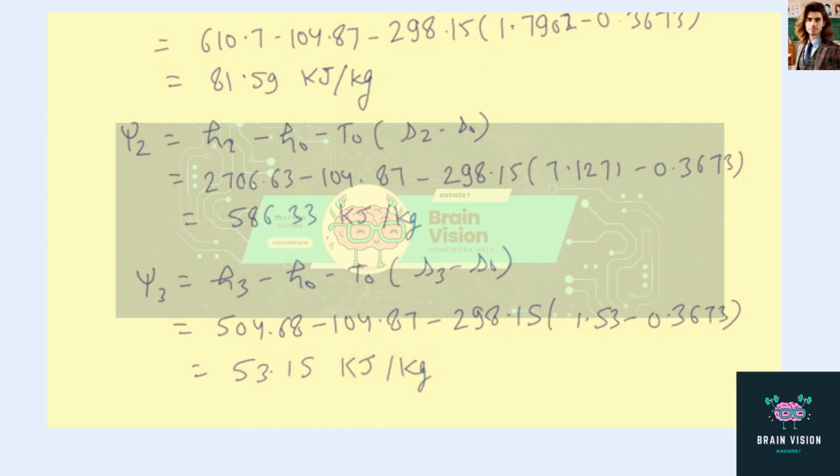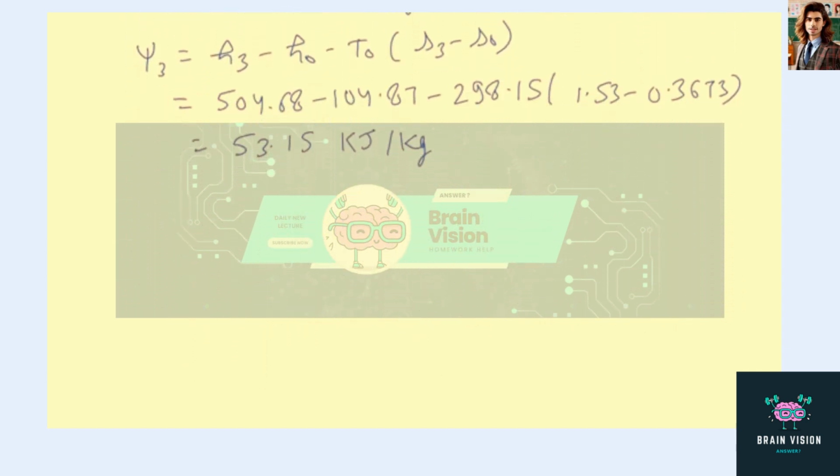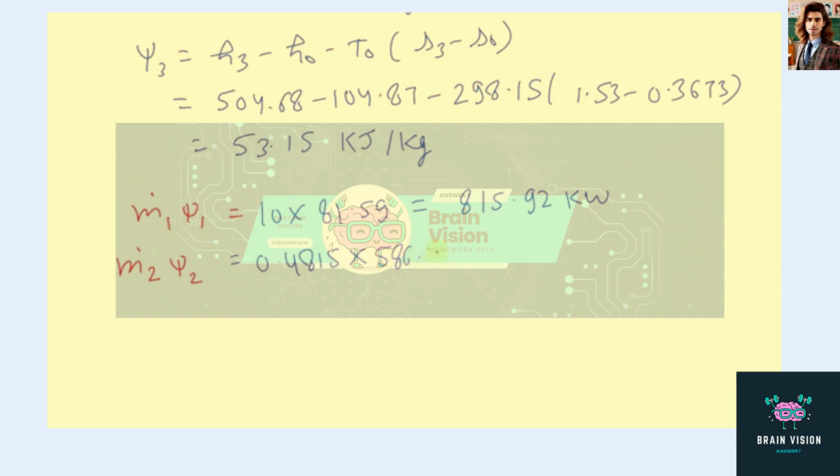Now let's calculate m1 dot into psi 1. So this will be equals to 10 into 81.59. So this will be equals to 815.92 kilowatt. Similarly, m2 dot into psi 2, and this will be equals to 0.4815 multiplied by 586.33.